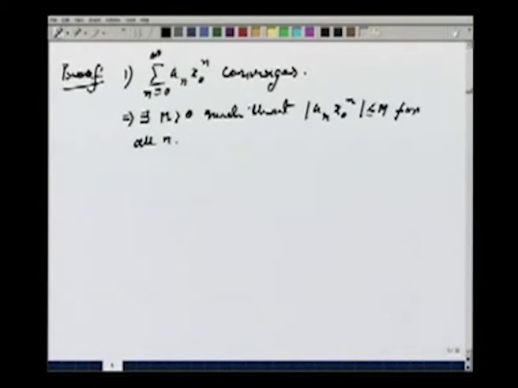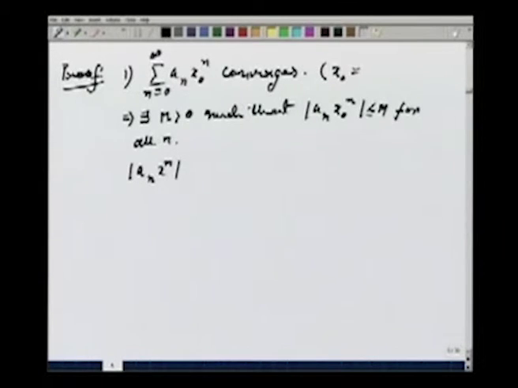Okay, fine. Now I am going to use a simple trick. I look at modulus of a n x to the power n. Let me assume that x naught is non-zero, because if x naught is equal to 0, then mod x is less than modulus of x naught means x is also 0, and then the power series obviously converges, so the theorem is trivial. So if x naught is non-zero, then I look at a n x to the power n.